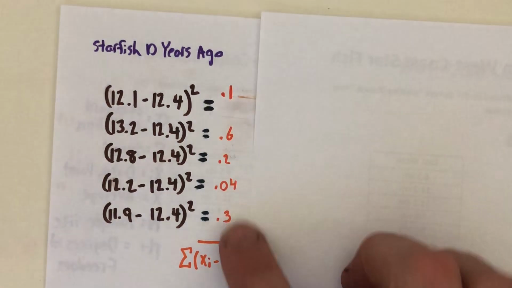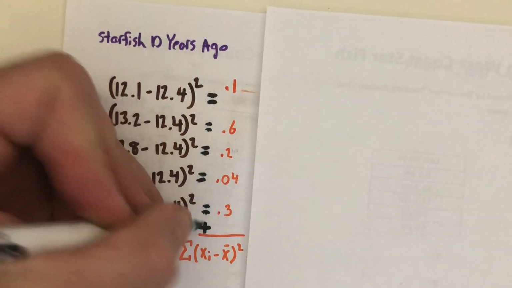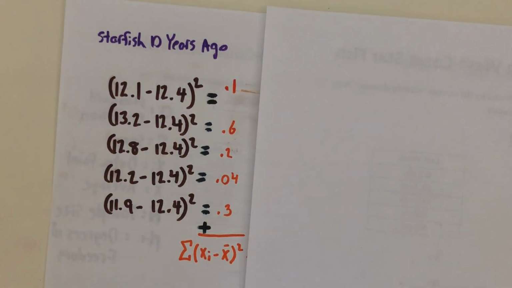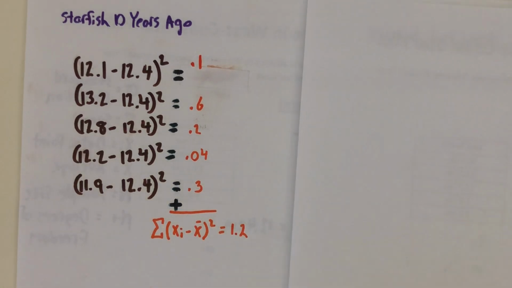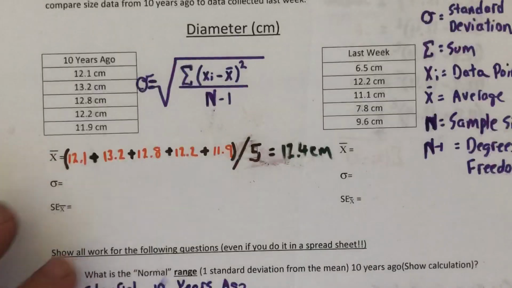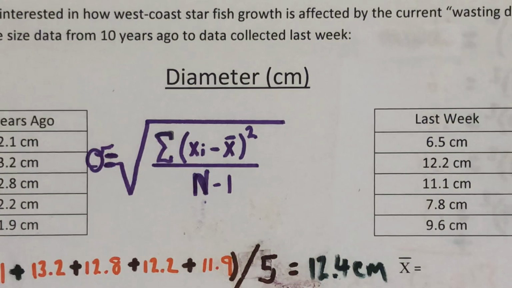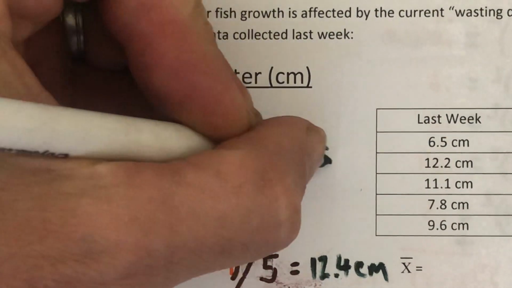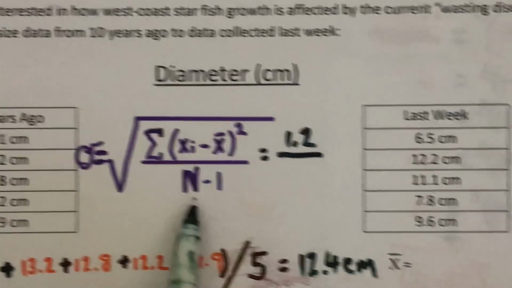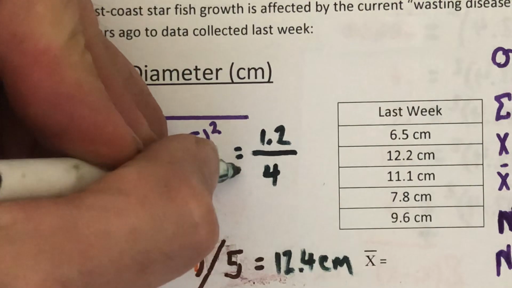So here are all my answers. If I add those 5 values up, the sum of those 5 values is 1.2. So this part right here is 1.2, and since I have 5 starfish, I'm going to subtract 1 and make it 4.